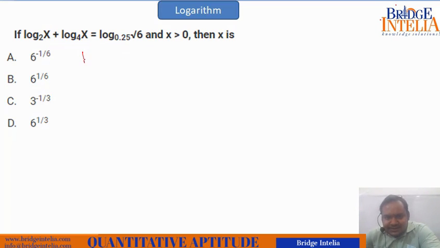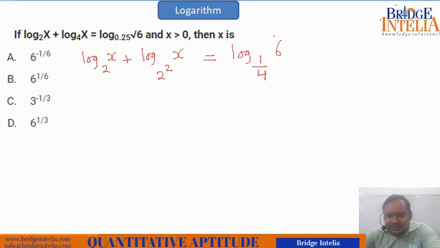The given equation can be written as log x to the base 2 plus, this 4 can be written as 2 square, plus log x to the base 2 square, is given to us as equal to log of, now 0.25 can be written as 1 by 4. Root 6 can be written as 6 to the power half.